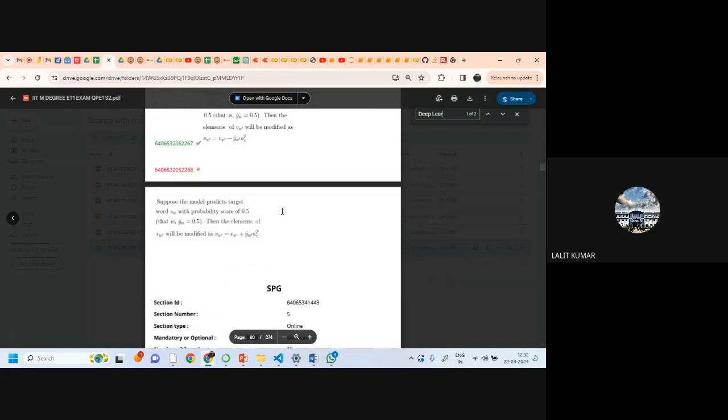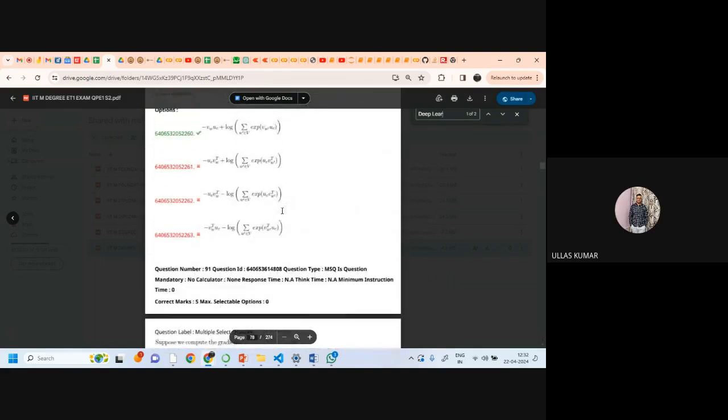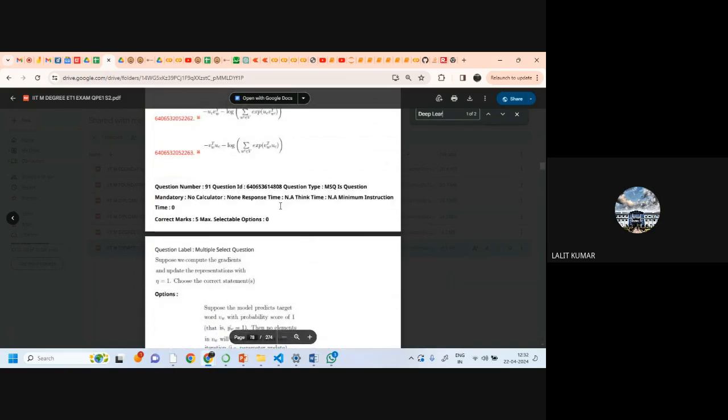This is the last one, let's do it. Now suppose we compute the gradients and update the representations with n equal to 1. Choose the correct statement.